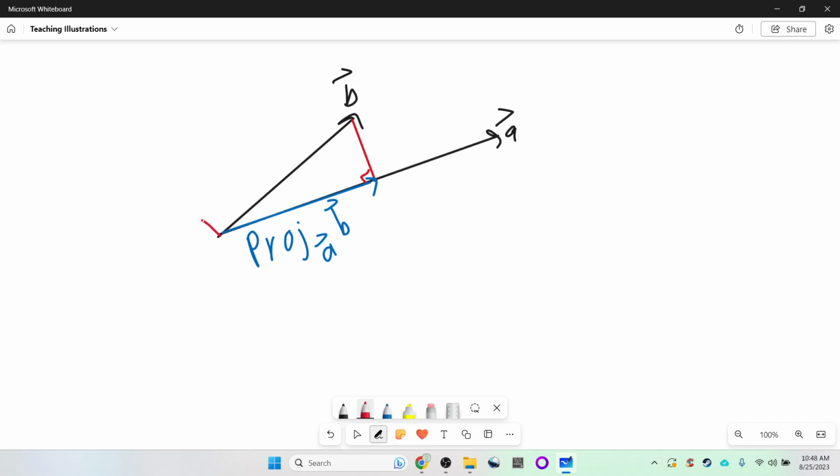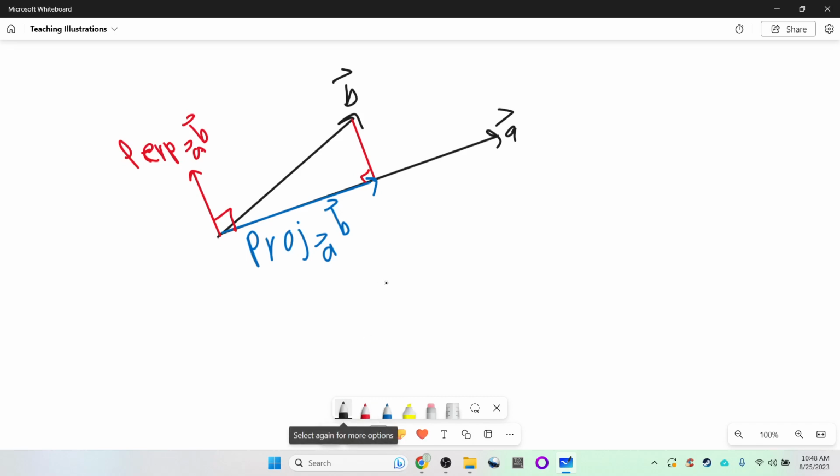I don't know if there is a name for this, and it's not in our book, so it probably won't come up. But I'm just going to call it the perpendicular part of B onto A. Like I said, if this comes up and we need to use it later, I'll make sure to give a better name for it. But the point is that we can always split up B into two perpendicular pieces, one that goes along with A and one that goes perpendicular to A. This is also a right angle.